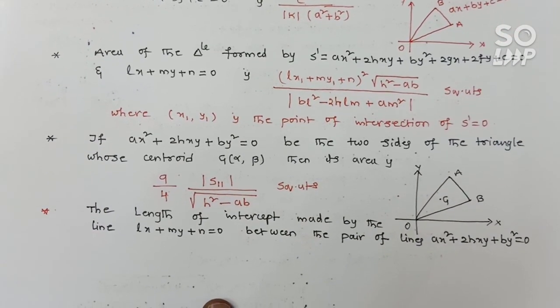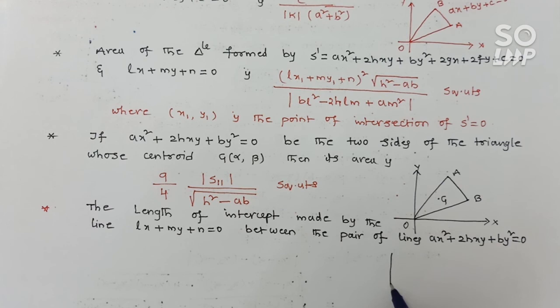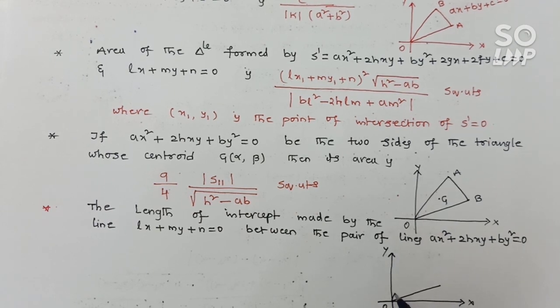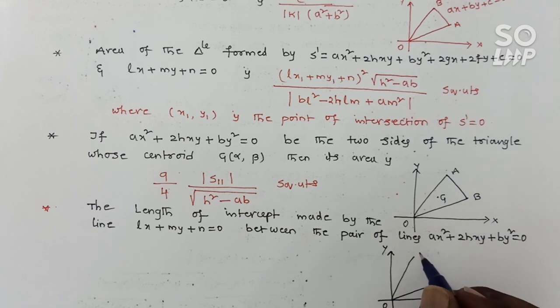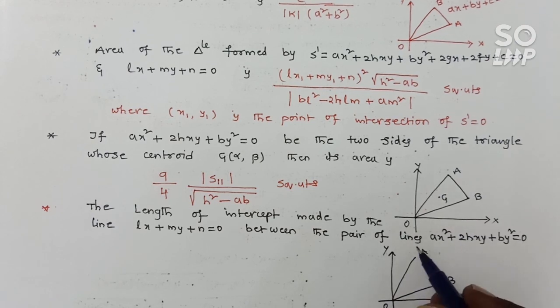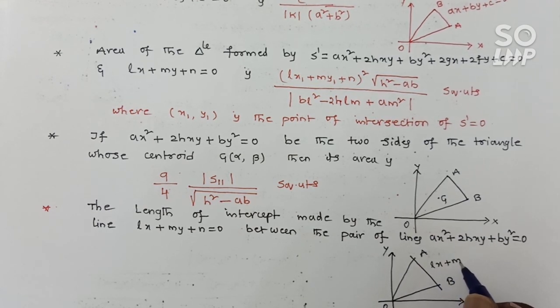So what is the meaning of this one? See here, the homogeneous equation will represent two lines. One is OA and the other one is OB. These two lines intersect on this line, which is lx plus my plus n is equal to 0.